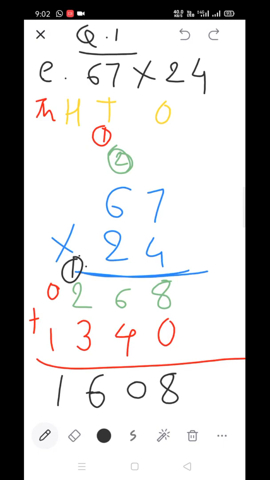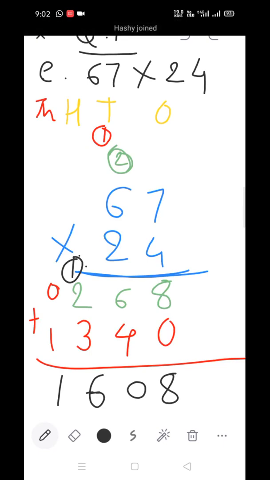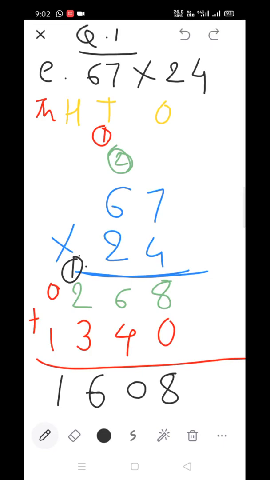We will solve the G. 93 multiplied by 48. Okay, sorry, 93 multiplied by 48.